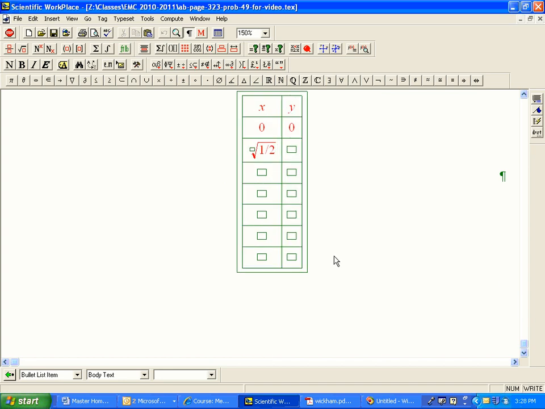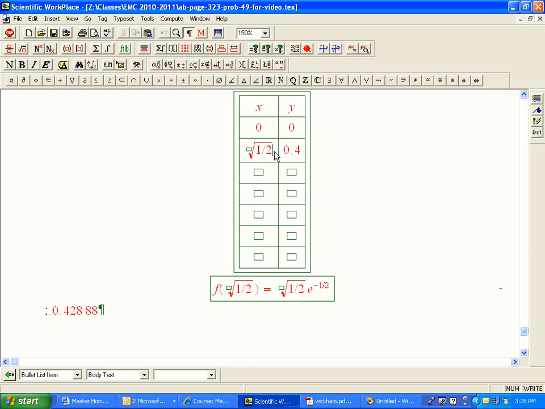And then we're going to have to plug in y. Let's do some scratch calculation here. F of root 1/2 is going to be root 1/2 times e to the minus, and then the square root of 1/2 squared, that's 1/2. All right, let's get a numerical value on that. About 0.4.